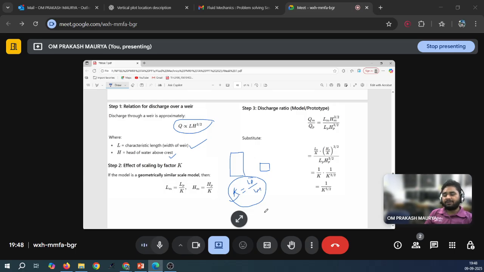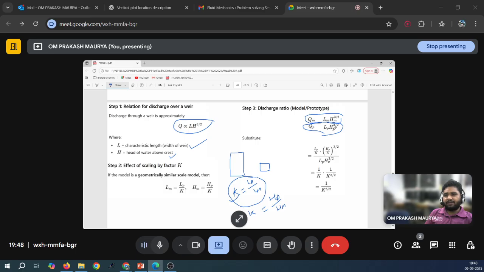Similarly for height, you will get the same thing. k is equal to Hp, the height of the prototype, divided by the height of the model. When you go for discharge, you can write like that: discharge of model, and discharge of prototype.